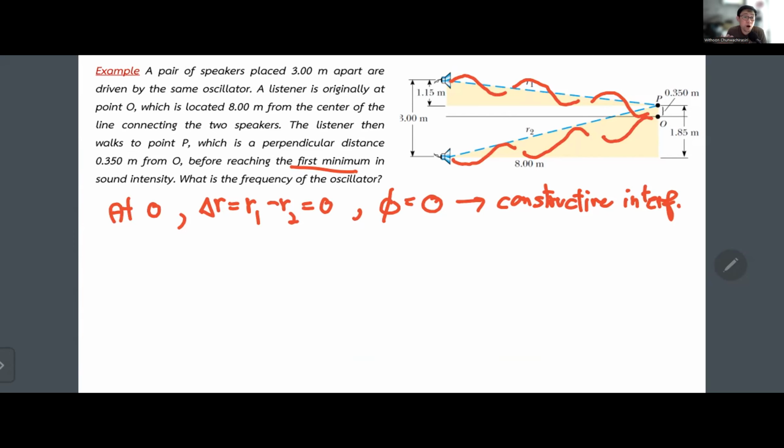You just have to keep walking until you reach point P. The information says you reach the first minimum. What does it mean? It means going from O to P, you start from the loudest at O and go to the 0 amplitude at P. You know from this clue that at point P, the delta R must be what?